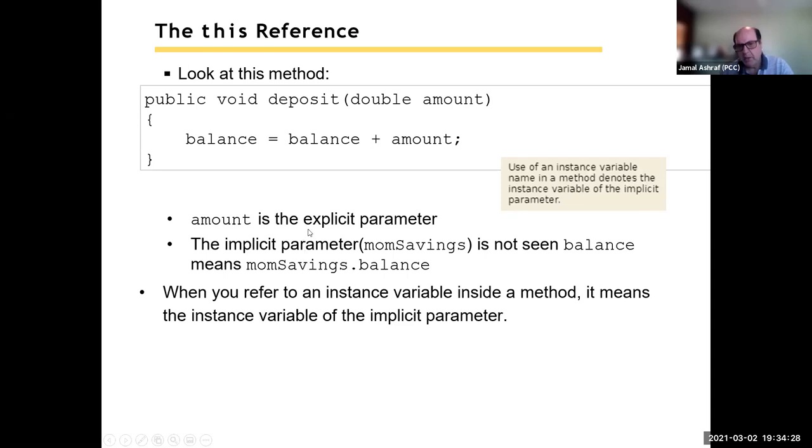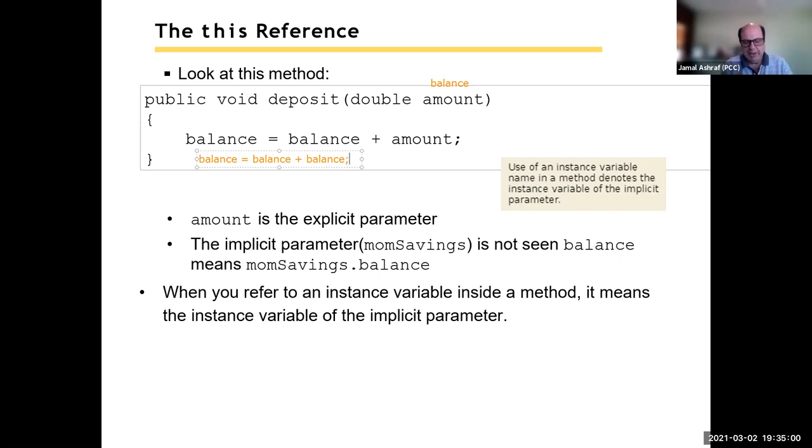Now, sometimes some people like to have the same name over here. So if I call this parameter balance, then I end up with something like balance equals balance plus balance.